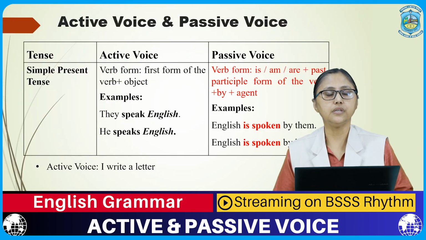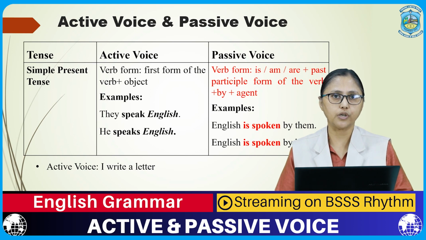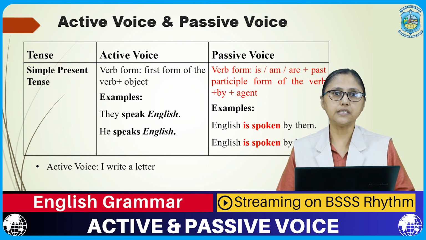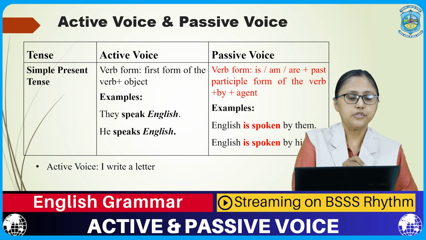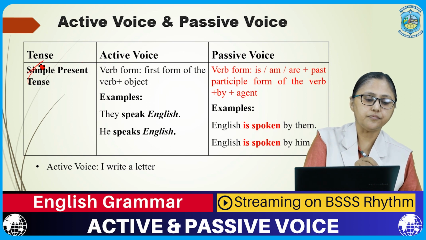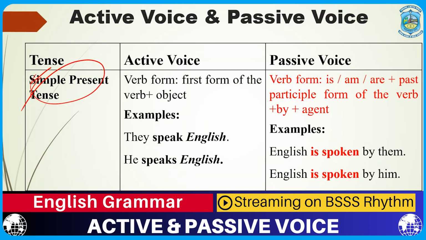Let us begin with the first rule of changing the voice. We have two sentences on our screen. They speak English, he speaks English. Both are in simple present tense. So, we change these sentences into passive voice and now they are English is spoken by them.